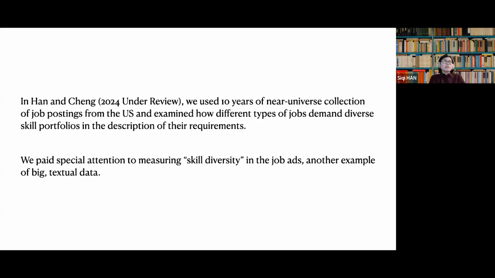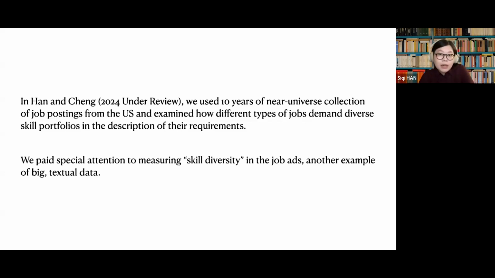So with my colleague Siqi Han at NYU, we are submitting this paper using 10 years of near universe collection of job postings from the US to examine how different types of jobs demand diverse skill portfolios in the description of their requirements.